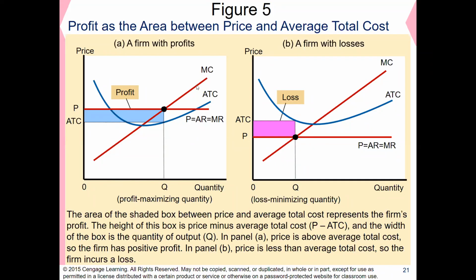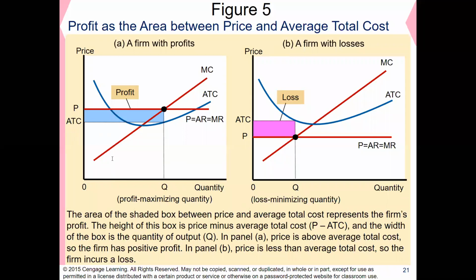And one more thing, this price is the same as average revenue and is the same as marginal revenue. And this profit is maximized when the marginal revenue is equal to the marginal cost, and at the same time is equal to price and at the same time is equal to average revenue. Just keep in mind.